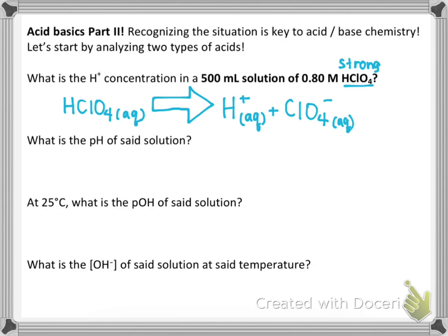And since the protons and the perchlorate are present in a 1-to-1 ratio, we know that our concentration of H plus then is just going to be equal to our concentration initially of the HClO4, which is going to be equal to that 0.8 molar.